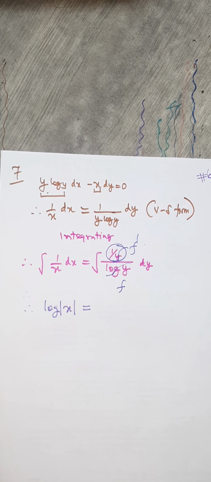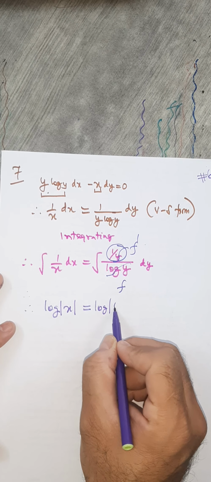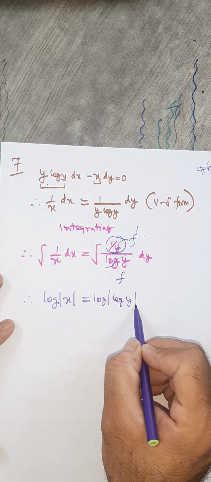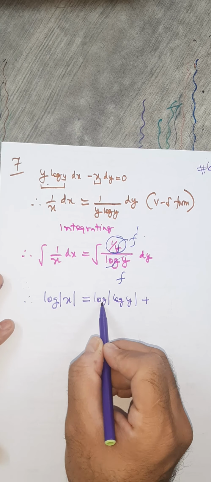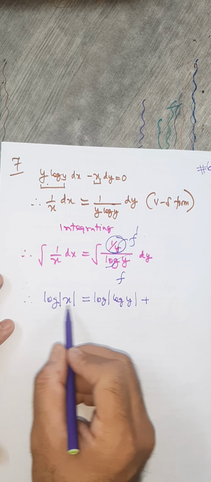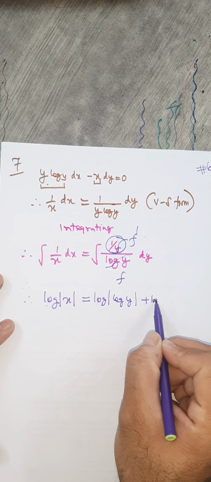It is also f dash upon f form. So कैसे लिखेंगे? This is log of mod of denominator expression, that is log y. Got it? And constant of the integration. दोनों जगह पे you know आपके पास log है, तो यहाँ पे log c लिखना चाहिए.